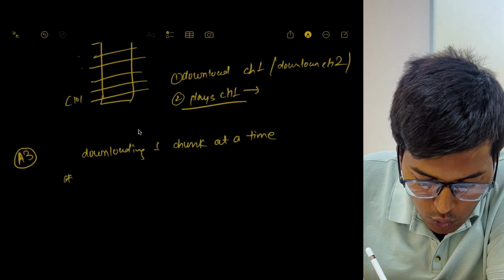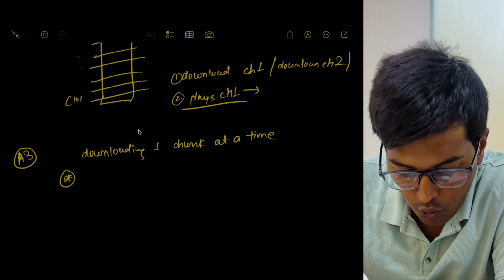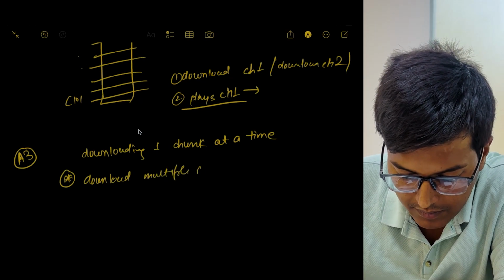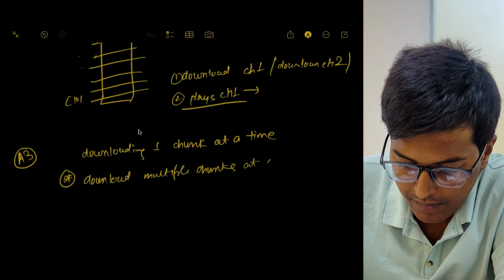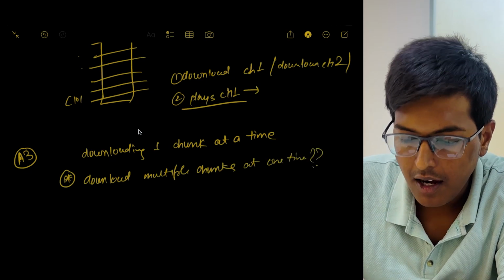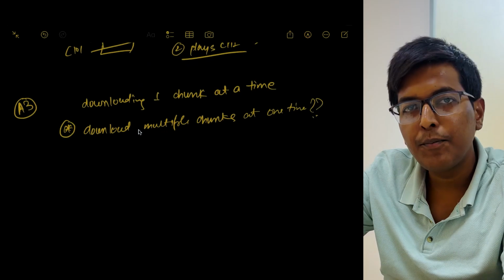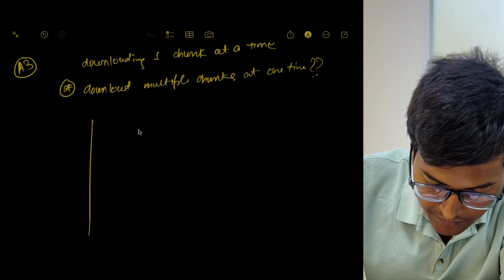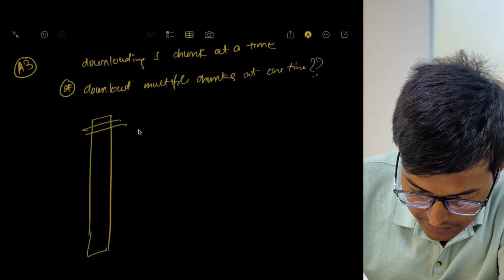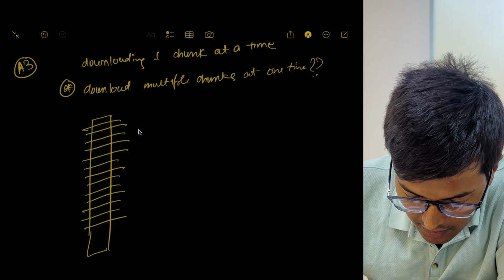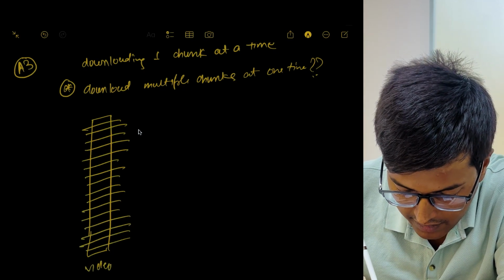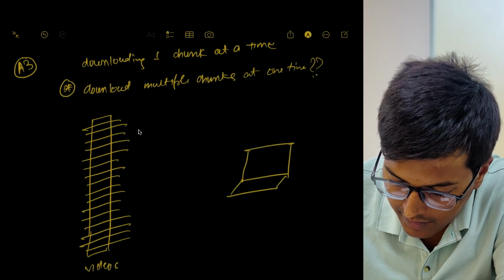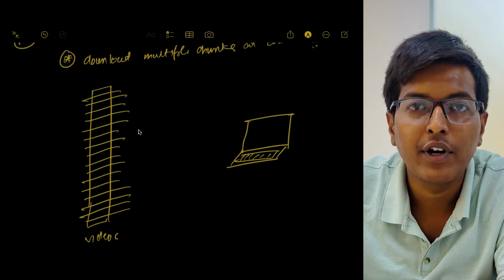However, do we need to download one chunk at a time? Can we download multiple chunks at one time? We can, right? Obviously, we can download multiple chunks and then play chunks in sequence. So now in approach 3, if this is our video, which is already chunked into multiple small chunks, then the client does not just send the request for downloading one chunk.